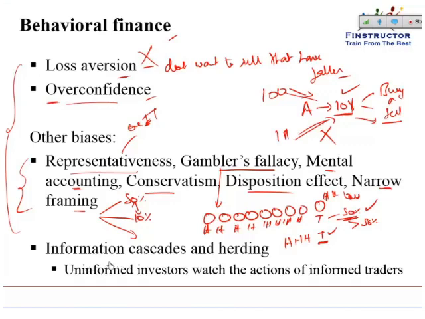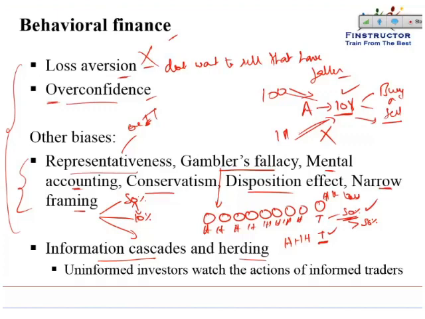There is information cascading seen, there is herding behavior seen, there are uninformed investors. Small retail investors often watch the actions of what the big fund managers are doing or what big mutual funds and big investment houses are doing. So they will try to follow these fund managers.